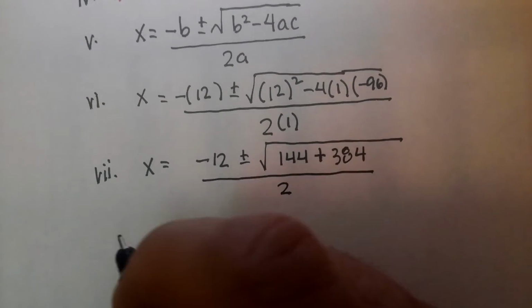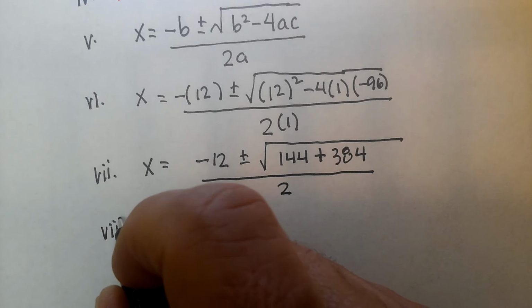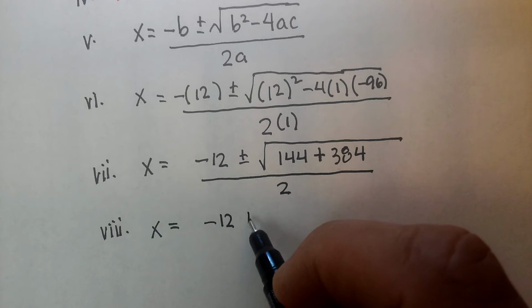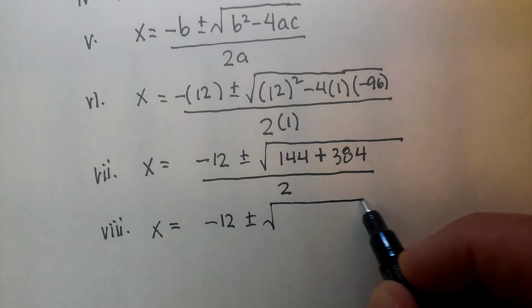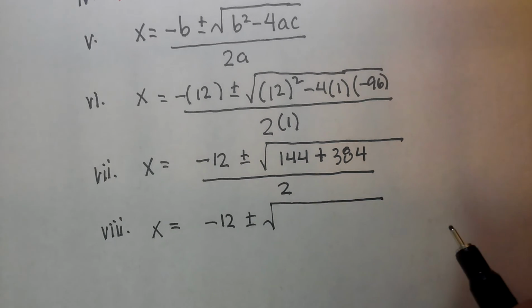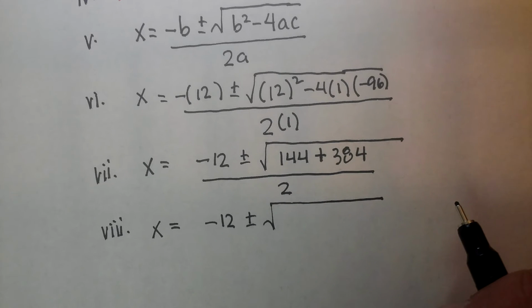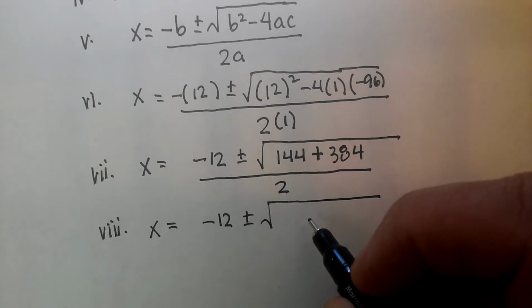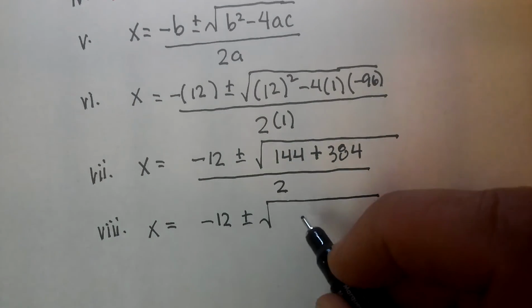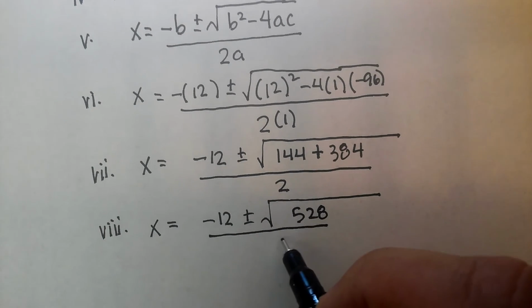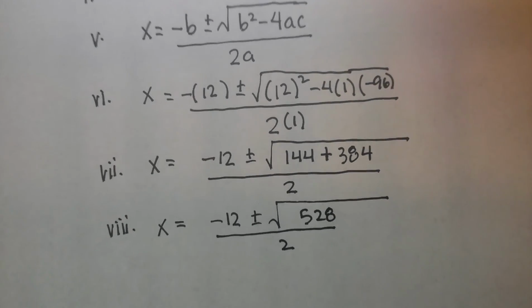Okay, let's keep on going. Next step, it's going to be a negative 12 plus or minus the square root of 144 plus 384. And the square root is 528. The square root of 528 is 22.97. All divided by 2. Here, let's get rid of some of this.